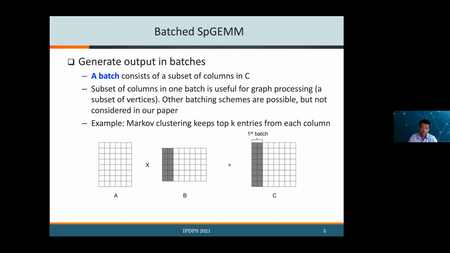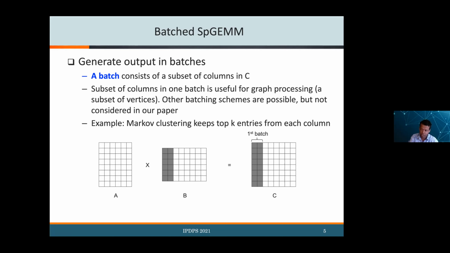For example, in our original example, Markov clustering, we can create entries for a subset of vertices, and then we can keep, let's say, the top k entries from each column. So in this way, batching can help with this particular application. We create the output batch by batch. In this example, let's say this is our first batch.